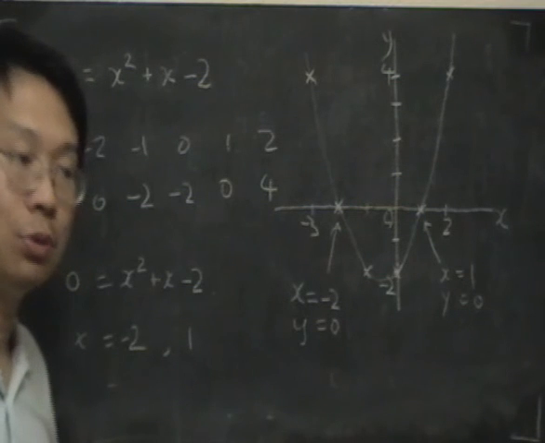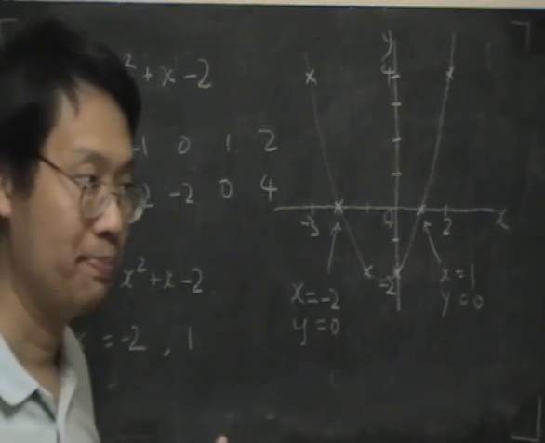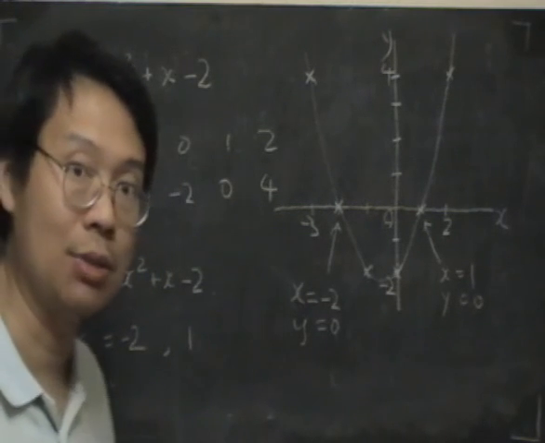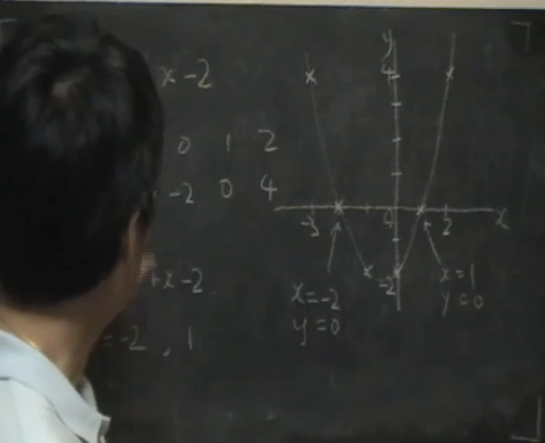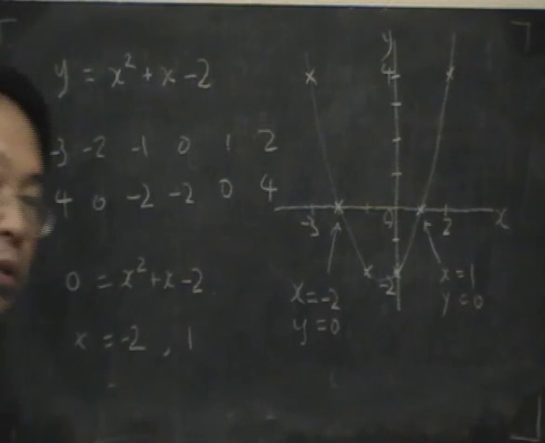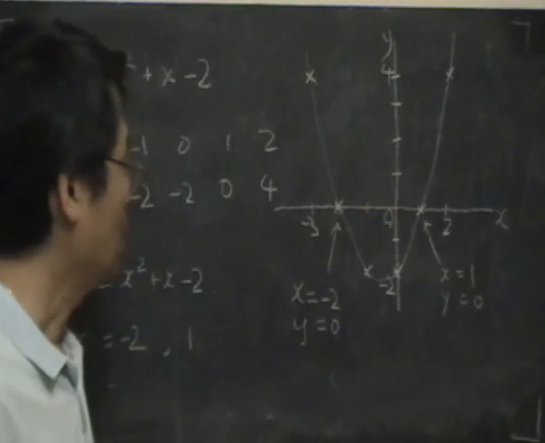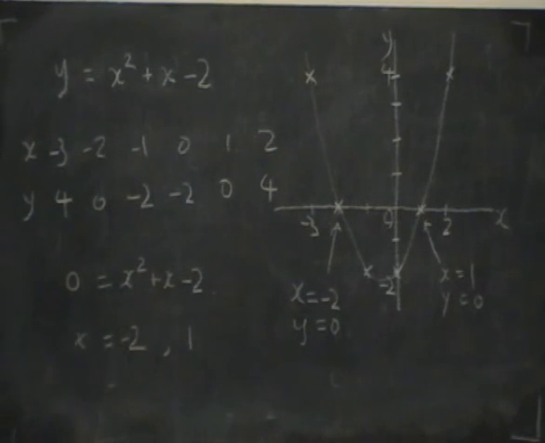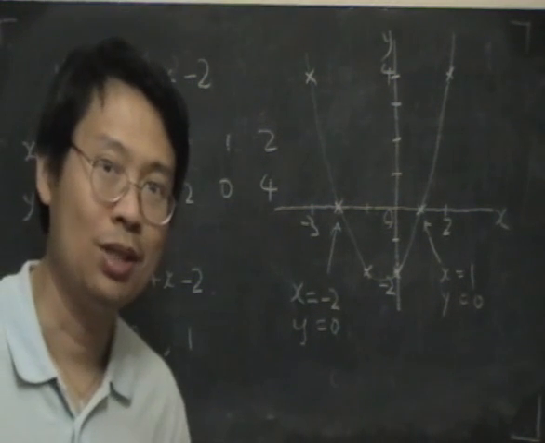Then you would still have to use factorization or some methods that you learned in algebra. So that's it about plotting a graph to solve a quadratic equation like that. We'll stop here for this session.